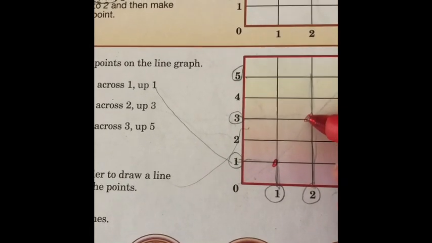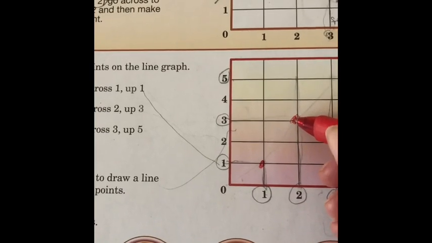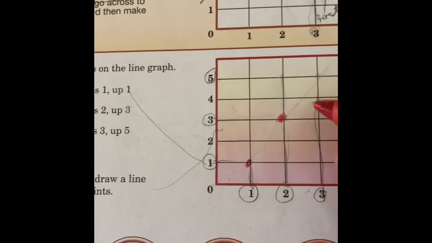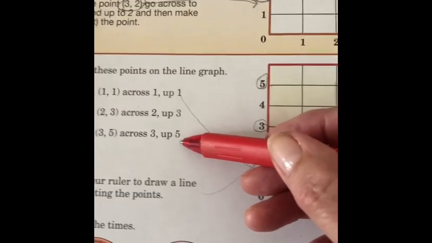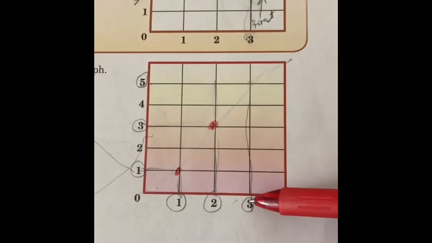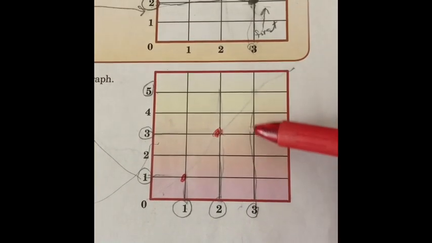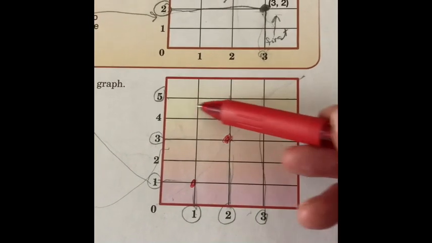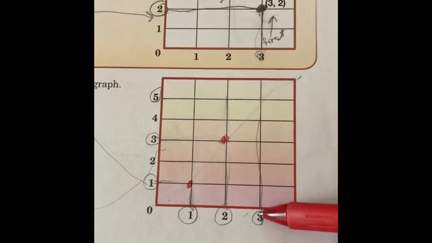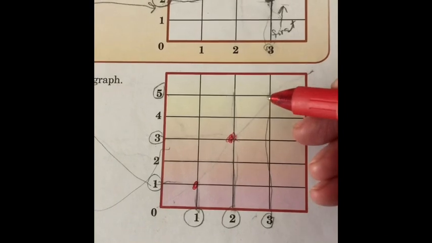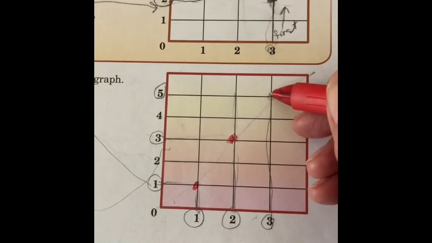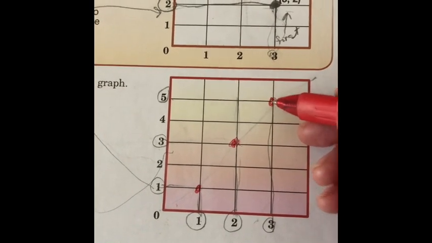So you make your plot, which is your little dot. The next one we're going to do is 3 across and 5 up. So we want to come over here to your 3. Here's your 5. Here's your 3. And then we're going to plot our point. So plot your point would be like that.